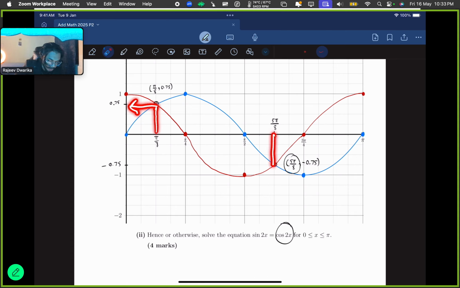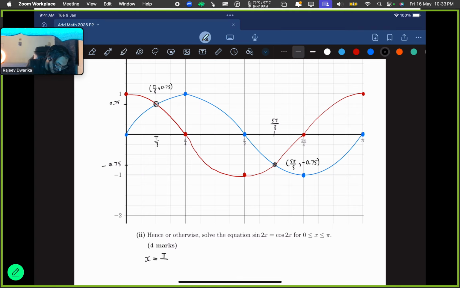And this will be negative 0.71. So you see how everything in maths is linked together. So your answers for x would be pi over 8, comma 5 pi over 8.